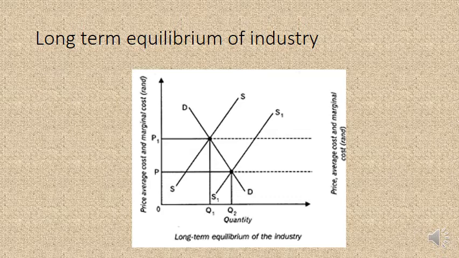Equilibrium price is at P1. At a price of P1, the individual businesses are making economic profit. That means that other entrepreneurs will recognize this, more businesses will open, the supply will increase, which means your supply curve now becomes S1.